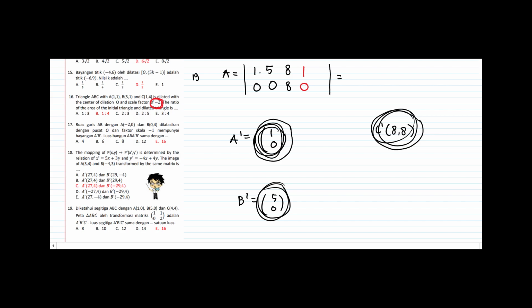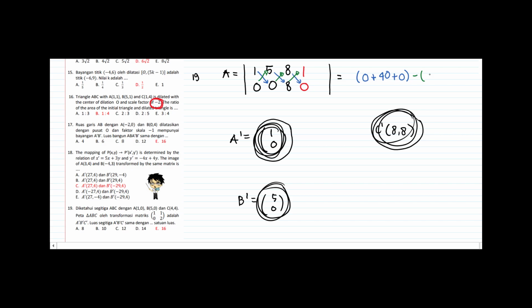Then we calculate similar to a determinant. Do you remember the determinant? This times this, this times this, this times this. That gives 0, 40, 0. And then minus the green one: this times this, this times this, this times this.